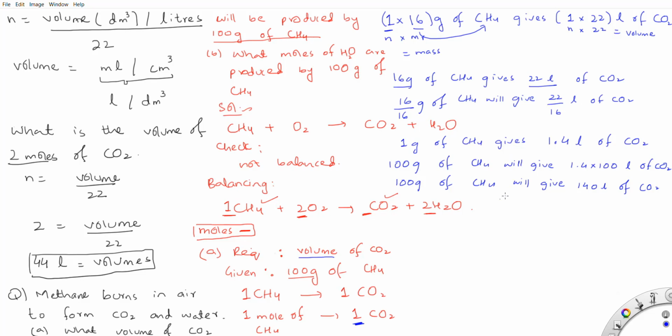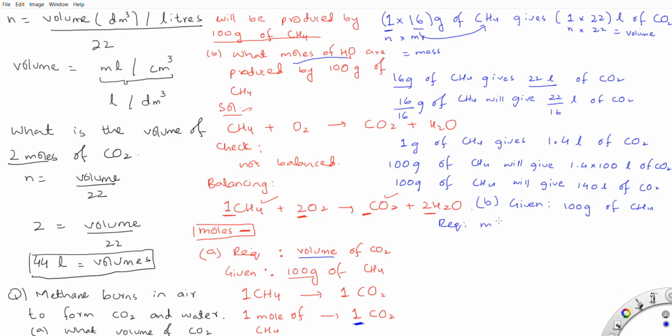Now coming towards part B, it says, again, the same procedure: given and required. What's given in part B? 100 grams of methane. So the mass of methane is given, 100 grams. What's required in part B is the number of moles of water.